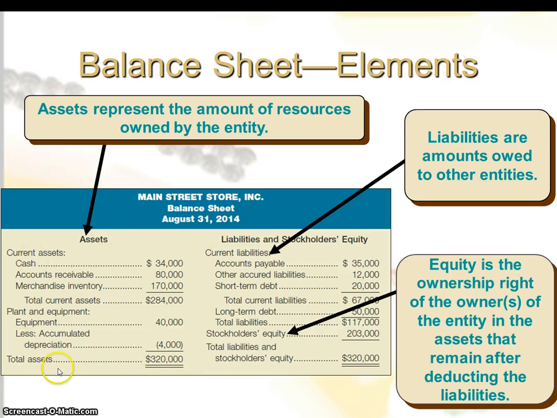So again, this is what we own and this is what we owe. If we decided to wrap up shop and liquidate and give this $320,000 back, we'd owe $117,000 of it, of liabilities to creditors, and $203,000 to investors.